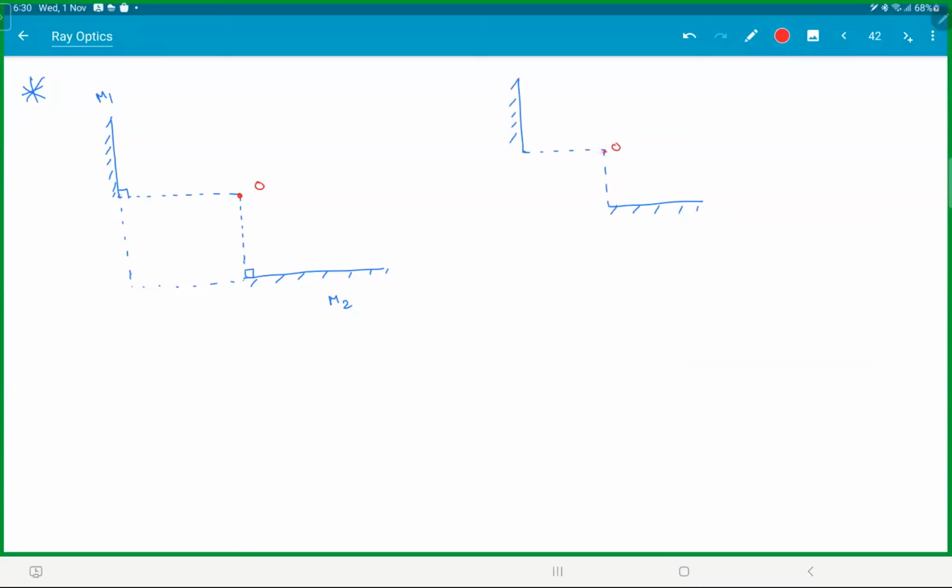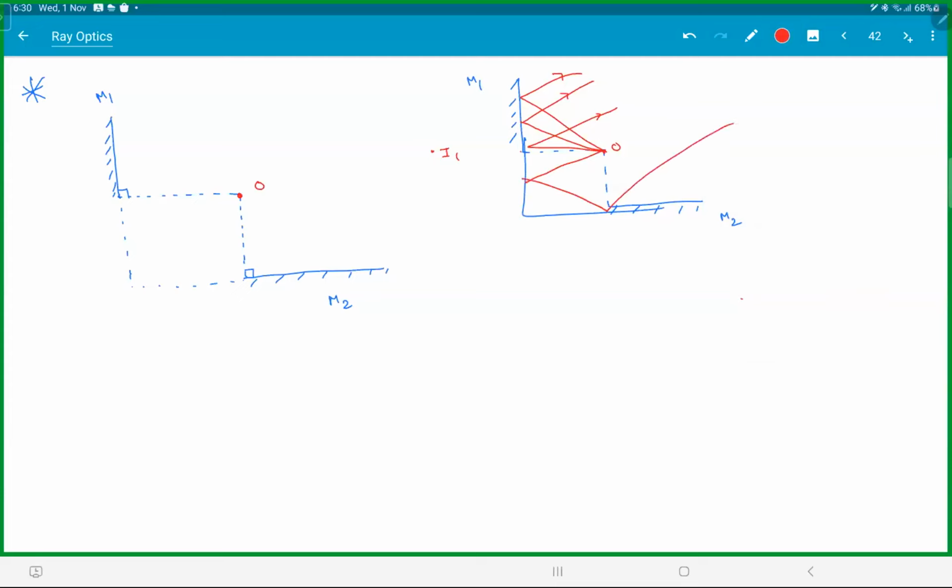So from here, when the light rays go here, look at this thing. Not a single light ray, right? So this will be your first image here, I1. Not a single light ray from M1 will go to M2. That means M2 doesn't know that I1 exists. Normally, when you have a full mirror, some light rays from here used to hit M1, then they used to hit M2, and then go, no?